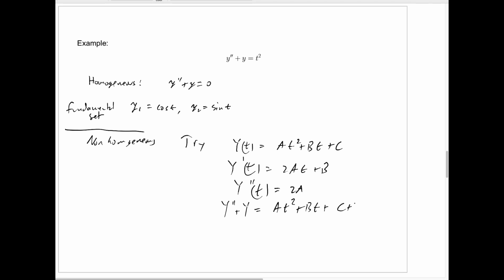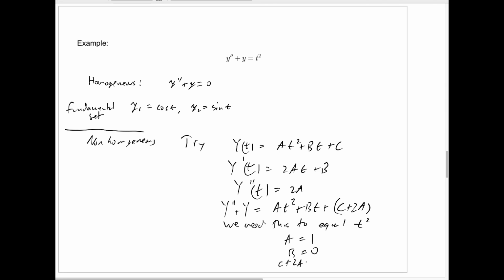And we need this to equal t squared. Here we have second degree polynomials here and here, so we just want the coefficients to match. Well, the coefficient on t squared is a here and 1 here, so we need a to be 1. The b is the coefficient on t, which is 0 here, so b has to be 0, and c plus 2a is the constant term here, and 0 is the constant term here.